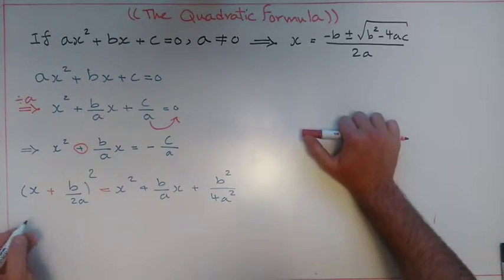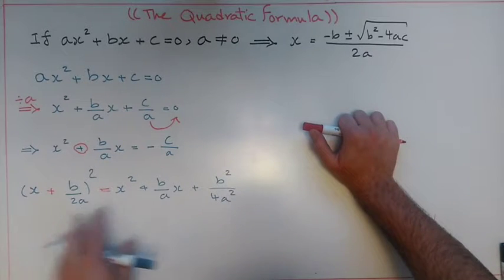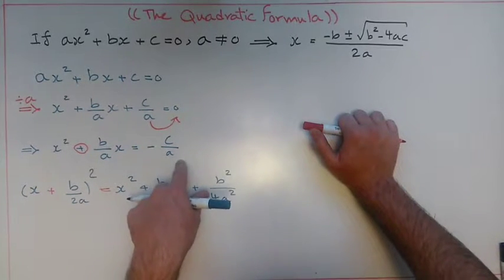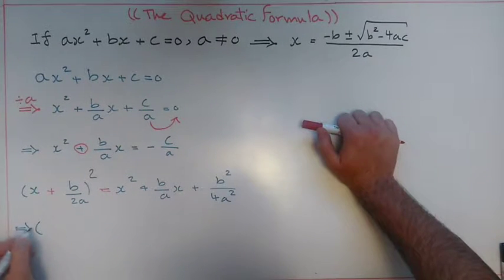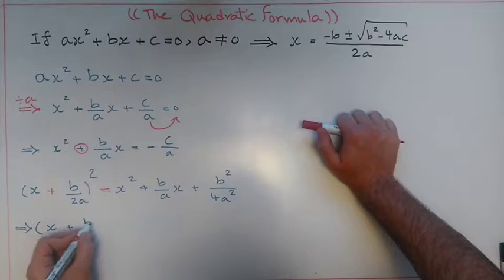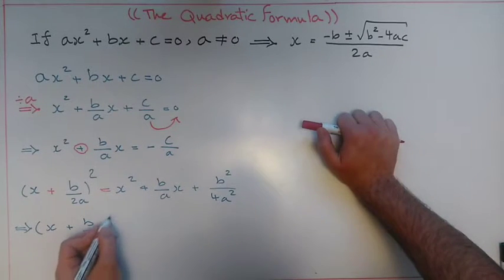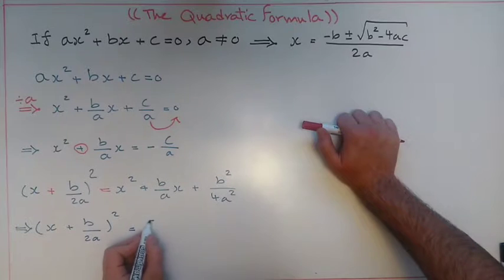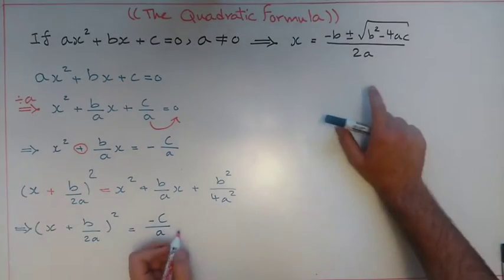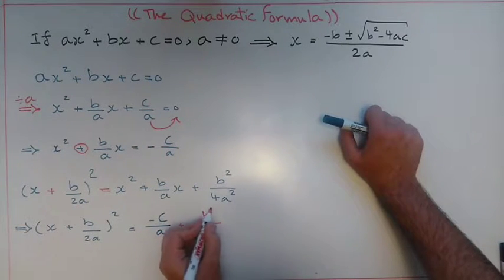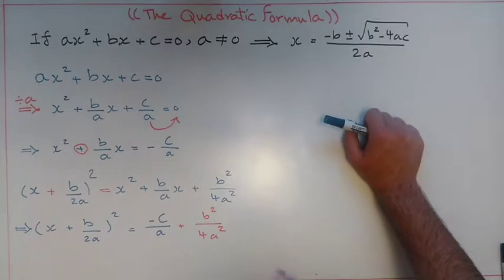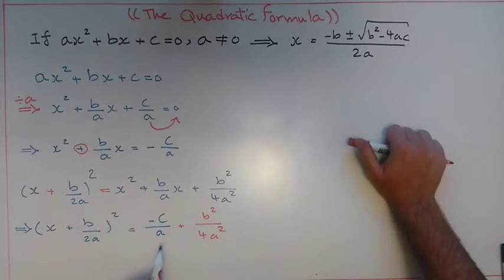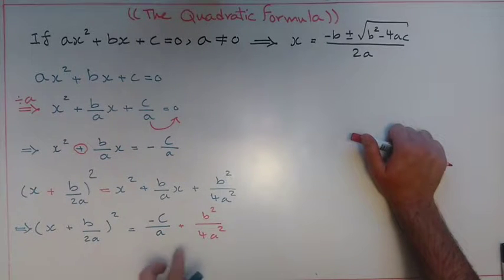So I write this down and add this value to negative c over a too. Therefore, x plus b over 2a, squared, equals negative c over a plus b squared over 4a squared.